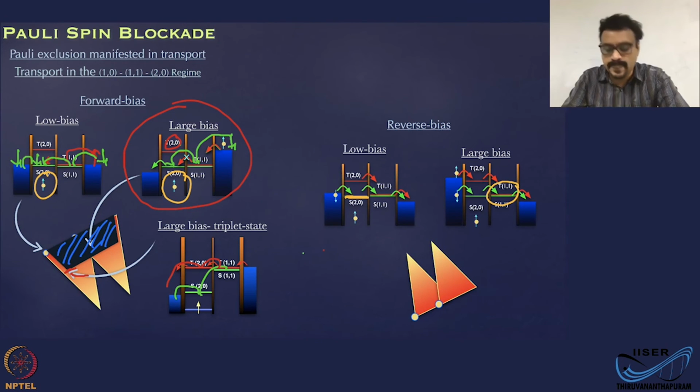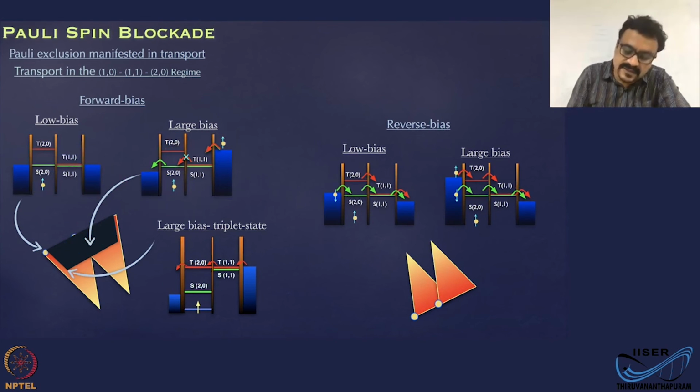Okay. Now, let us inspect what happens in the reverse bias case. The dot configuration, the gate voltage configuration, remains the same. The bias is reversed, or the electrons flow in the opposite direction.